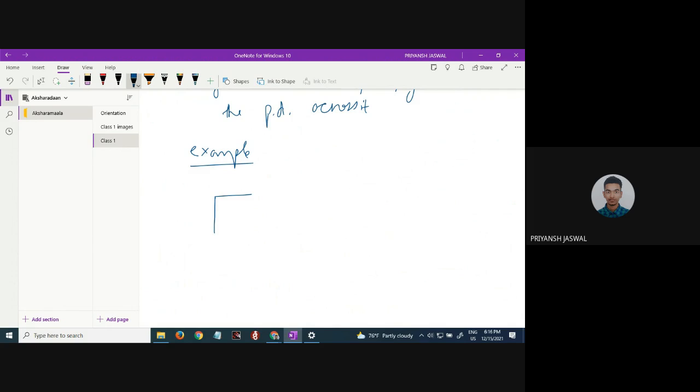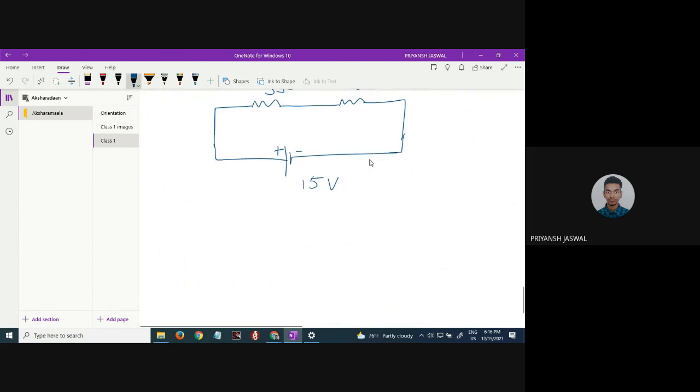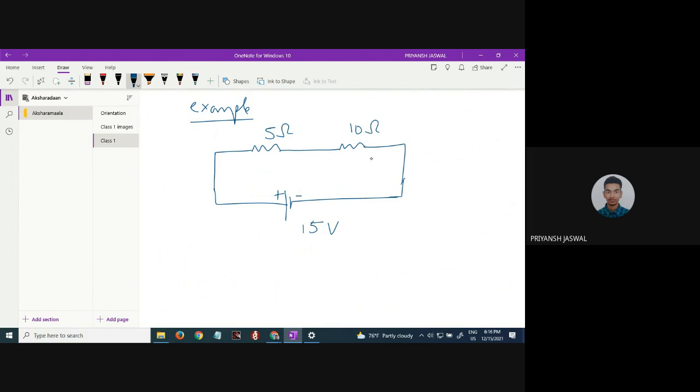Suppose we have two resistances, one is 5 ohm and another one is 10 ohm, and the potential applied across it is 15 volts. What will be the total current in the circuit?